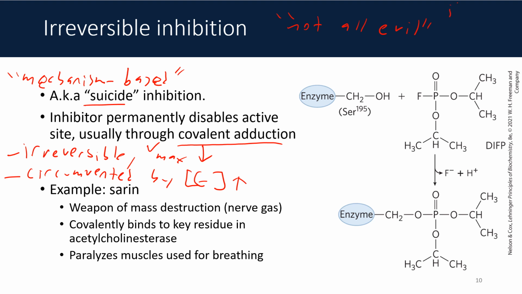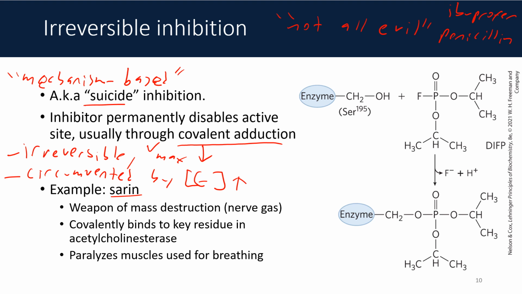Ibuprofen, penicillin, and many other kinds of drugs are irreversible inhibitors of enzymes. There are irreversible inhibitors that are evil, though. And a great example of that is sarin and most nerve gases, frankly.